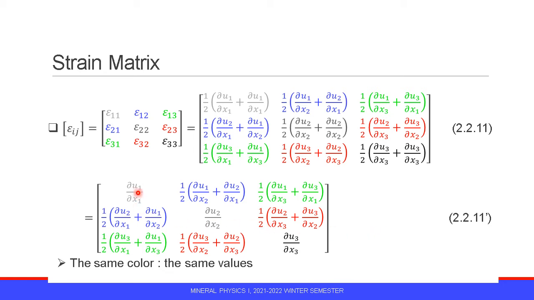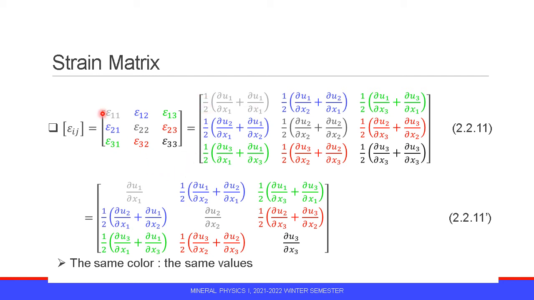The diagonal component, epsilon 11, is 1 over 2 round u1 over round x1 plus round u1 over round x1. But the first term and second term are identical and divided by 1 over 2.